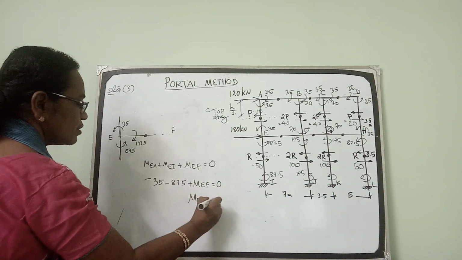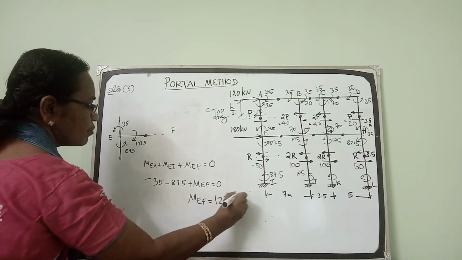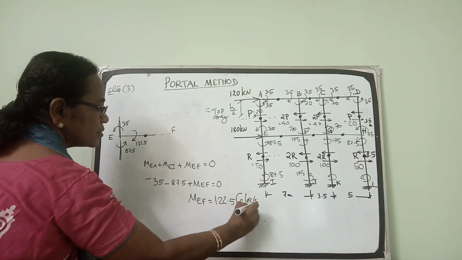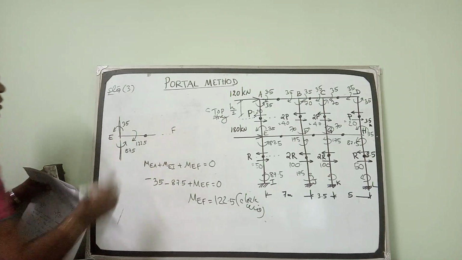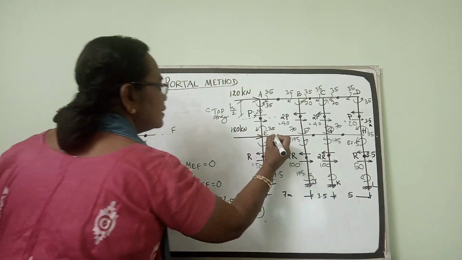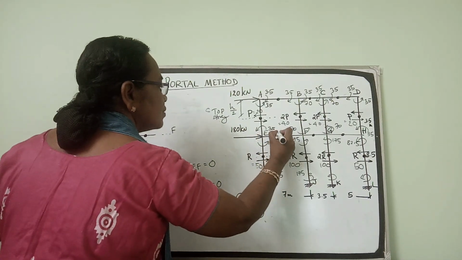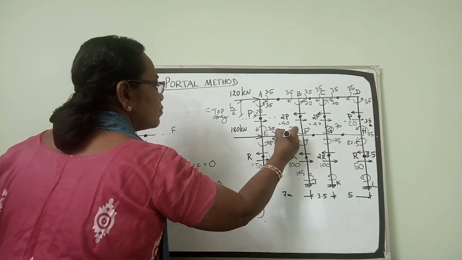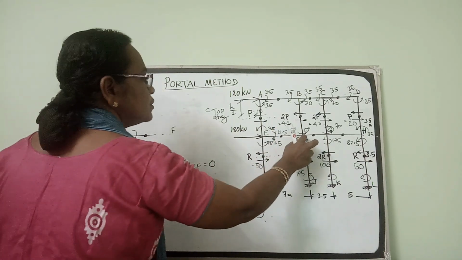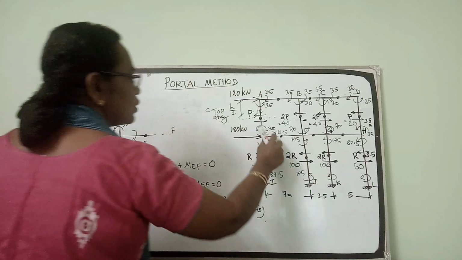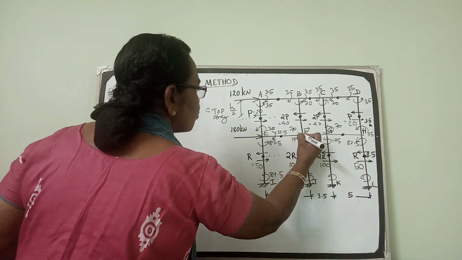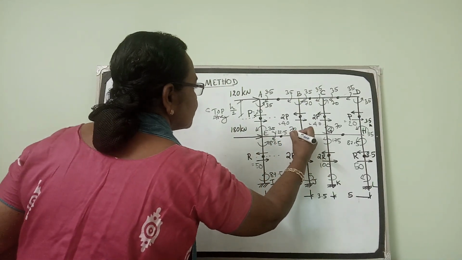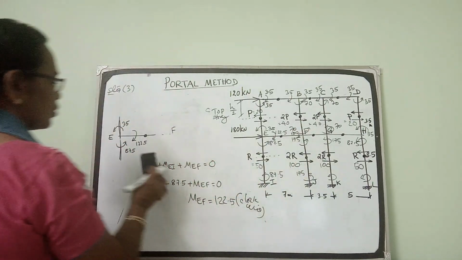Therefore, MEF is equal to 122.5. That means clockwise. We got the bending moment in the beam at this end as clockwise 122.5. Now coming to this joint F, if this is 122.5, this should also be equal to 122.5 because there is point of reflection.